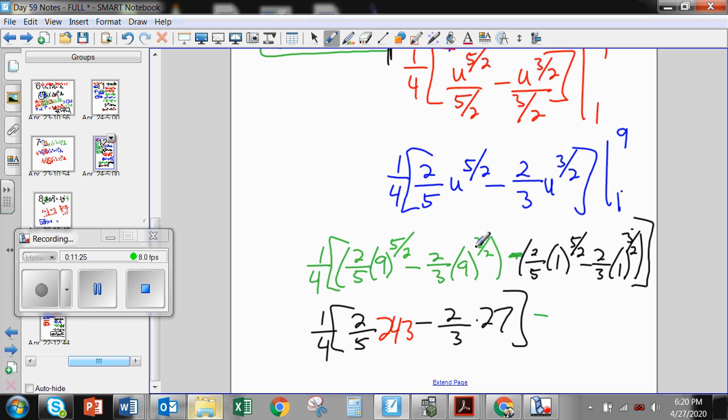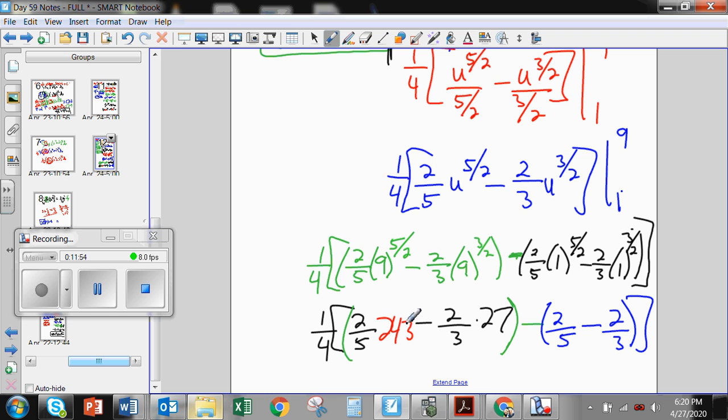All right, and minus. Oops. So hold on. That should be parentheses. This should not be there because that's going to be at the end. Minus parentheses. Square root of 1 is 1, to the 5th is 1, so it's just 2/5 minus 2/3, same thing there. Then the bracket.